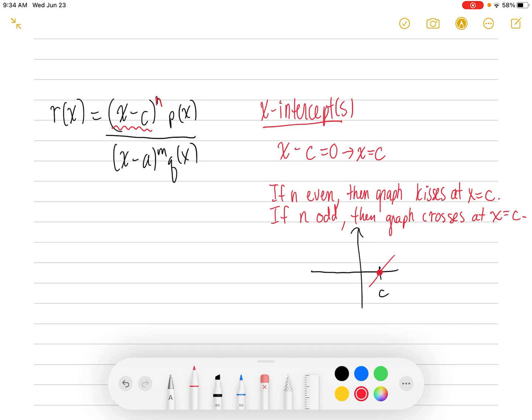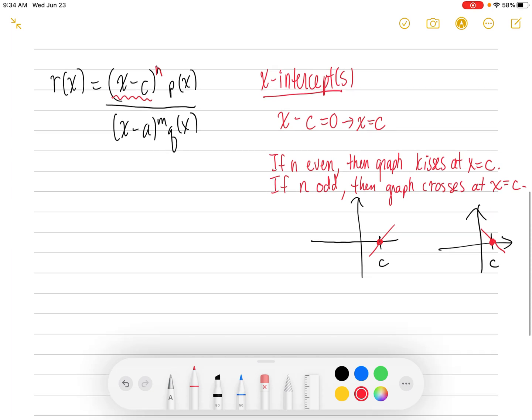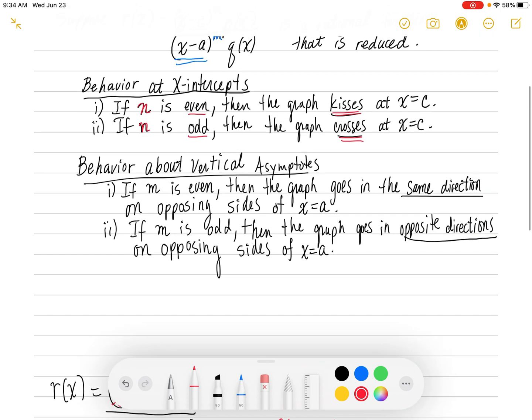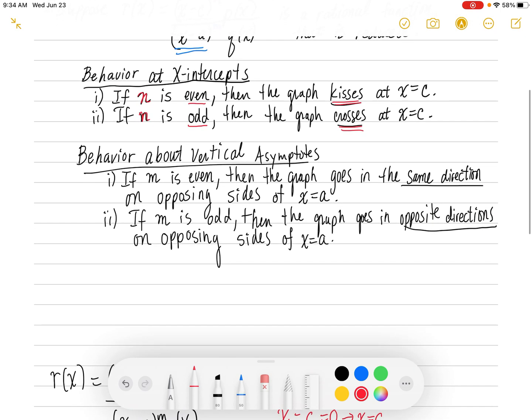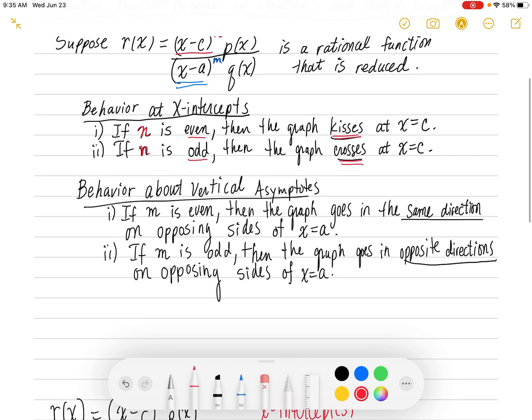So drawing a graph here, I have c, so I have an x-intercept here at c. Either my graph can go across there in an increasing direction, or maybe in a decreasing direction like that. One of those two things is going to happen. It's going to go across. Okay, so that's basically the characterization for x-intercepts.